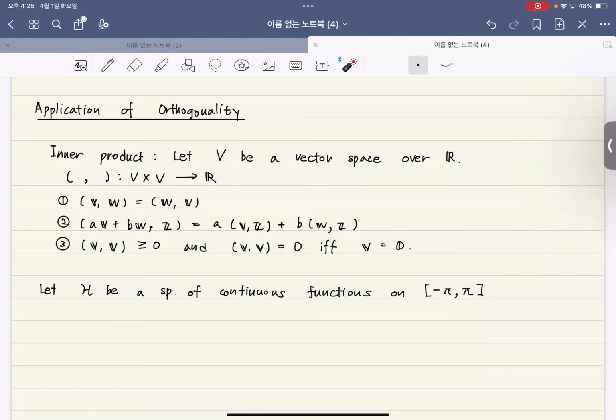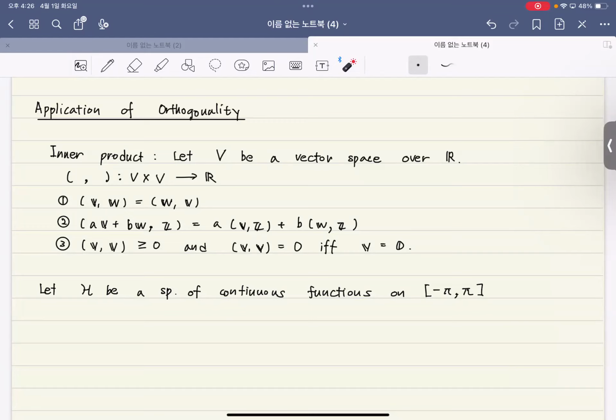So this is closed under addition. And for any continuous function on minus pi to plus pi, if you multiply by any number, the resulting function is also a continuous function on minus pi to plus pi. Therefore, this space is closed under vector addition and scalar multiplication, so it must be a vector space. Now I want to define an inner product in this space.